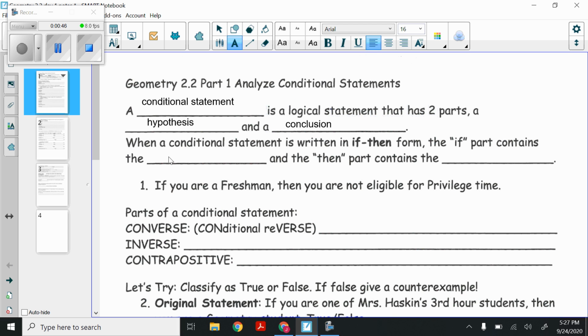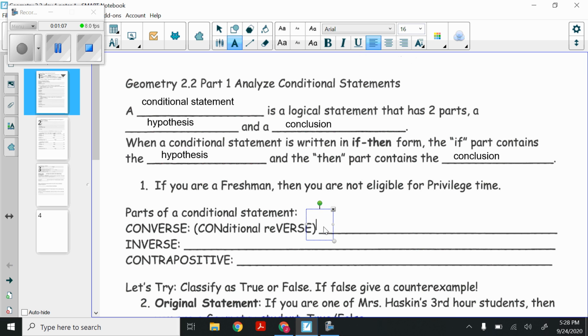When a conditional statement is written in if-then form, the if part contains the hypothesis and the then part contains the conclusion. So an example of this would be, if you are a freshman, then you are not eligible for privilege time.